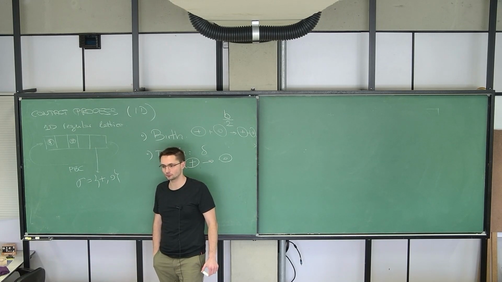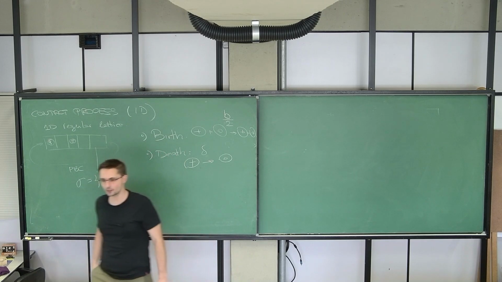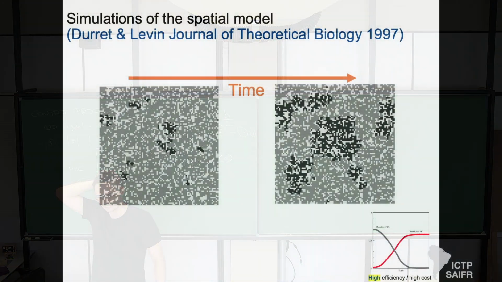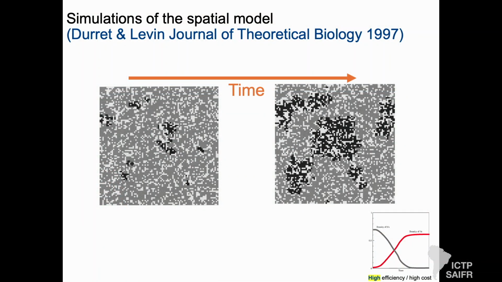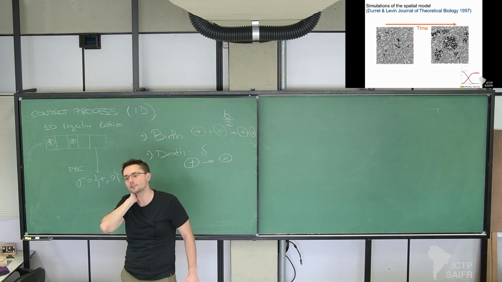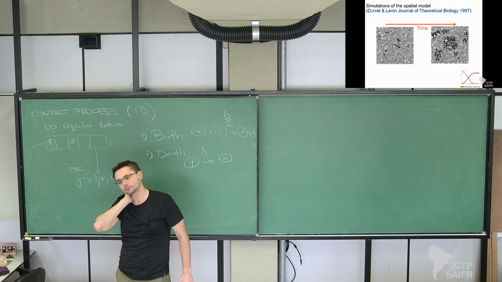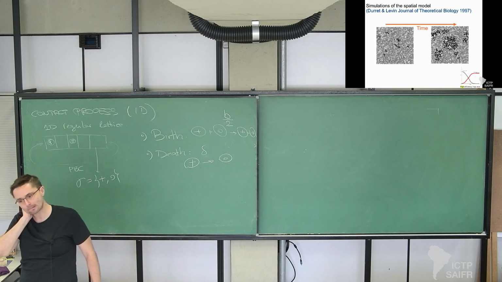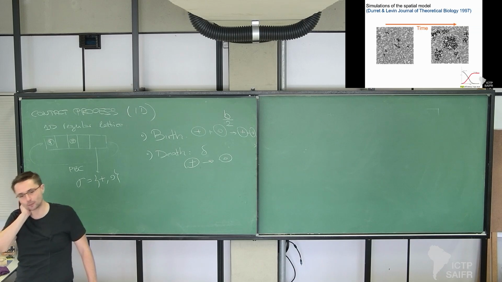I'm just wondering how this dynamic will work in the computer. So you have to check whether each lattice site is occupied, and then it can give birth to a site nearby. Yes. So it goes like this: first you select an event, then you have to deal with the lattice. And that is not very efficient.